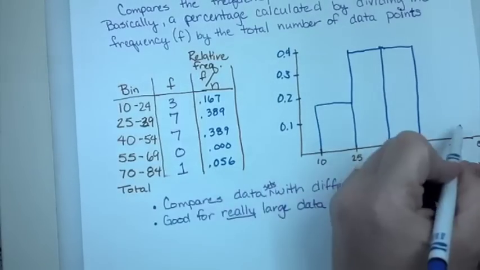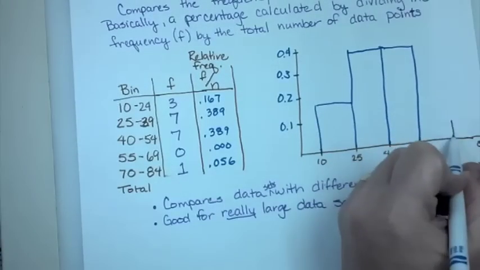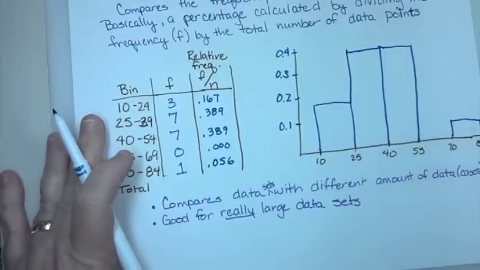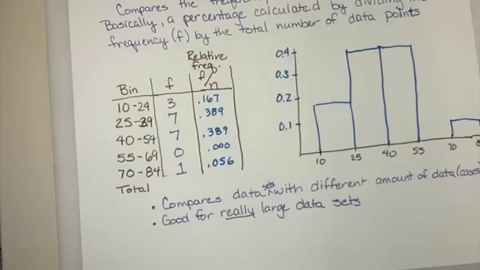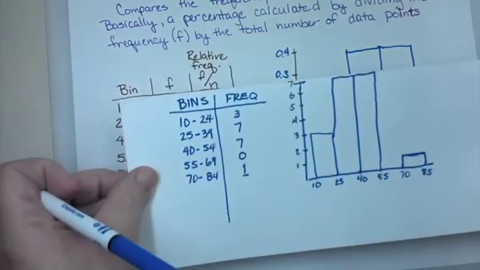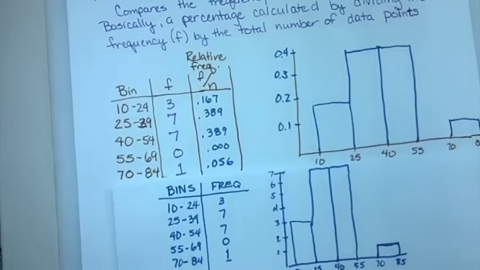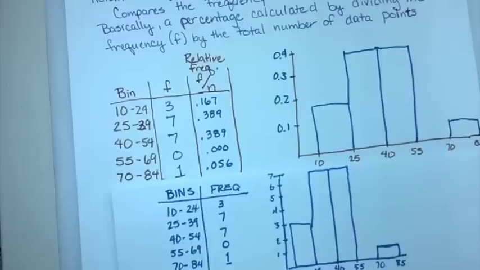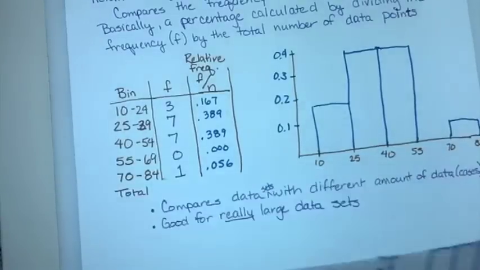And then 0.056 is about halfway. Here we go. Okay. The thing is that your relative frequency histogram and your just regular frequency histogram come out looking pretty similar. Notice that the shape is pretty similar for both of these. And that's because you're just changing the scale. You're not really changing any of the values. Okay. So that's that one.